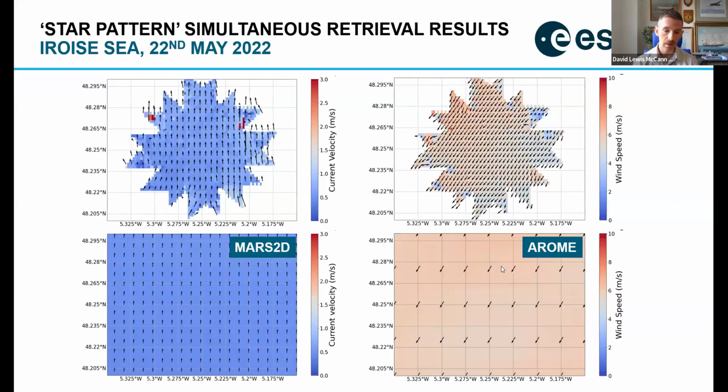So Mars 2D, lovely and boring, 60 centimeters per second flowing north, and Arum, which is showing a sort of northeasterly wind of about 6 meters per second. What's quite interesting is that we're seeing already some spatial variability in the winds with Oscar.